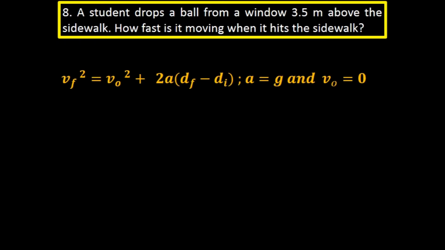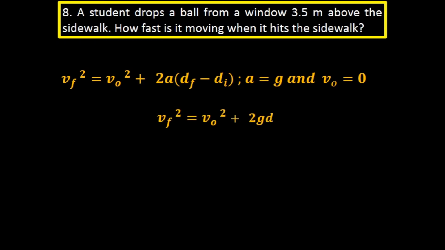A student drops a ball from a window 3.5 meters above the sidewalk. How fast is it moving when it hits the sidewalk? So velocity and distance is what we're looking for. Comparing velocity and distance, V of D, you simply plug in, understanding that V naught squared will cancel out because V naught is 0.